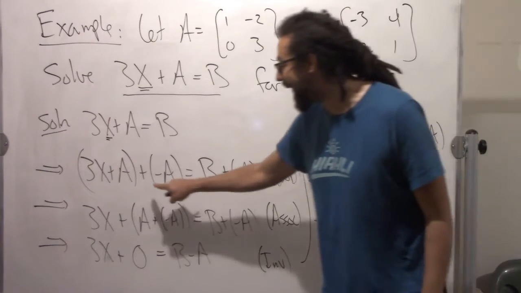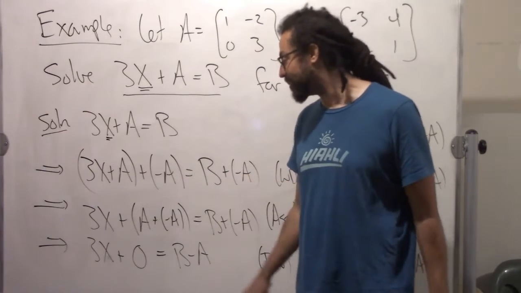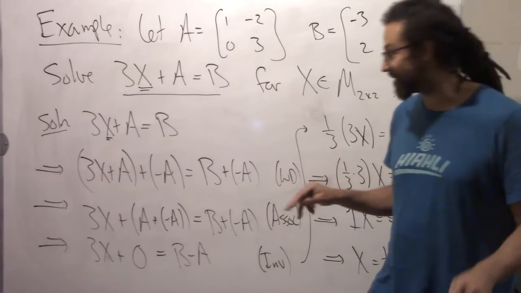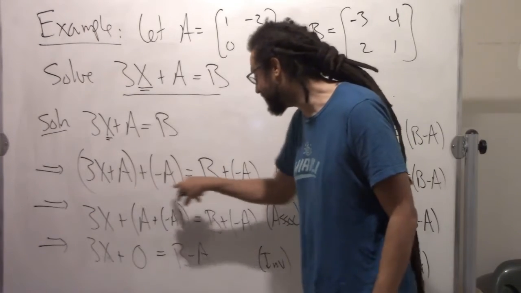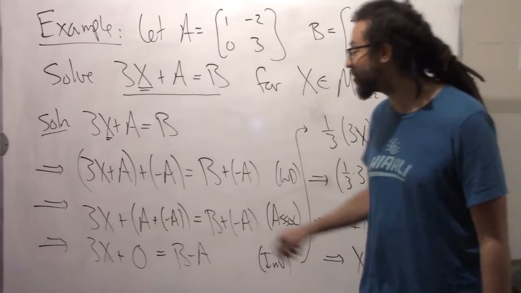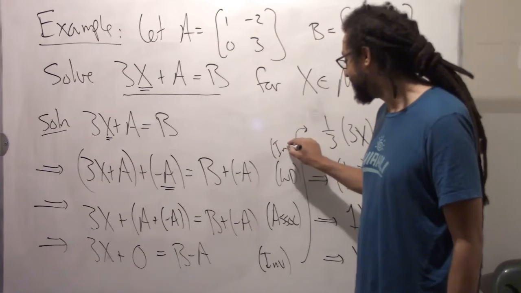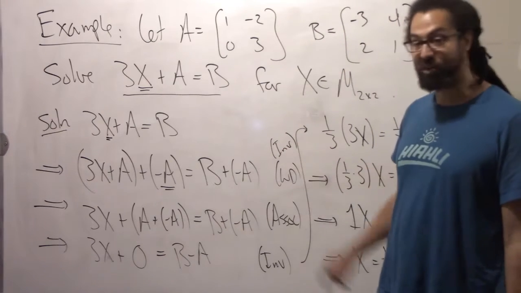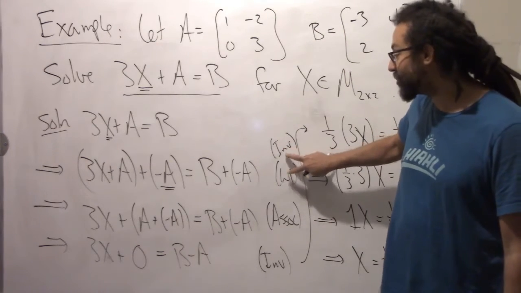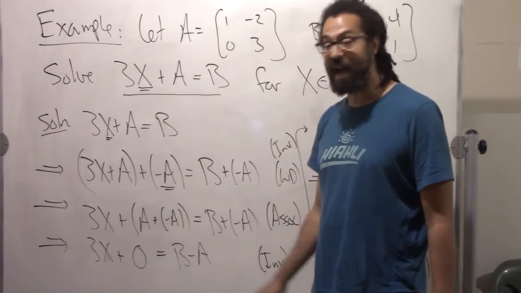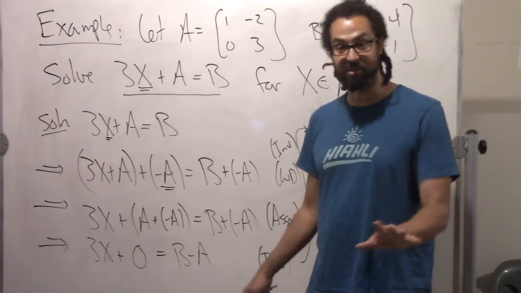You're allowed to add a thing to both sides because addition is well-defined. Remember, that was part of the well-definedness. I'm allowed to add the same thing to both sides. And also, I know that this thing exists because of the additive inverse property. So it's like two rules put together. First, I know this thing exists, and second, I know I can add it to both sides.